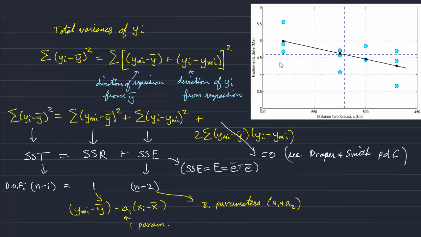So if we look back at our diagram, here we have our data points, and the black line shows the least squares regression, with the dots showing the values of the regression at each value of x.